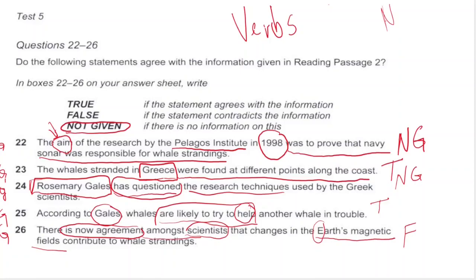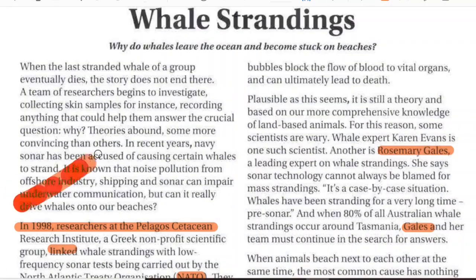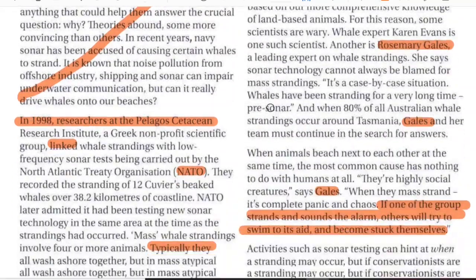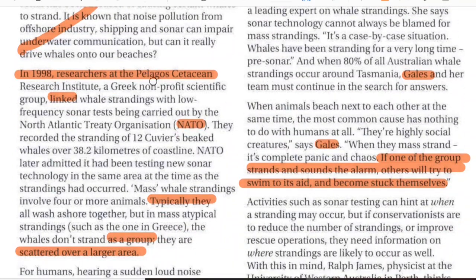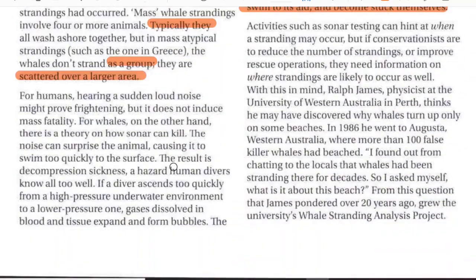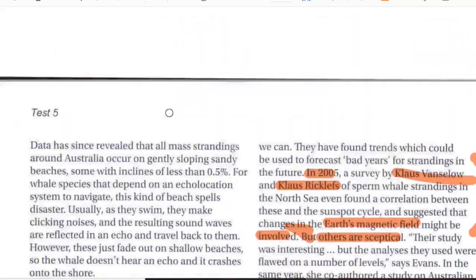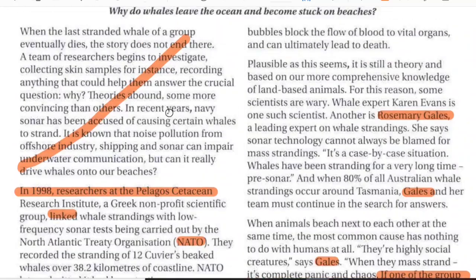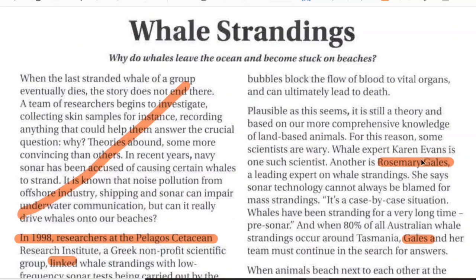And if we go back to the passage, we did not read anything here. We only read 2 sentences here and here to find the answers. We did not have to read anything here. And we only read this part and nothing here.